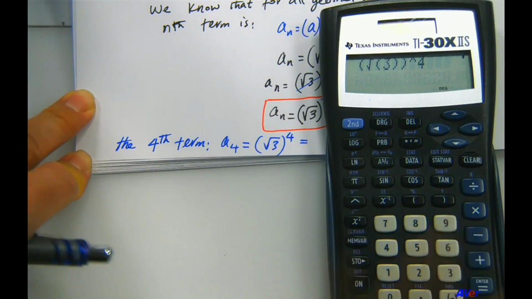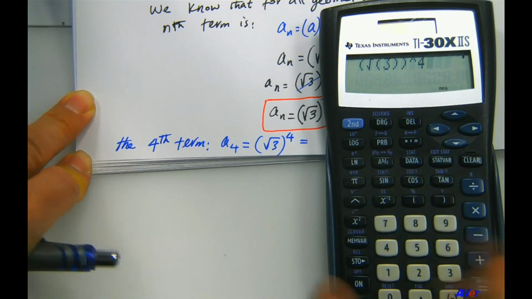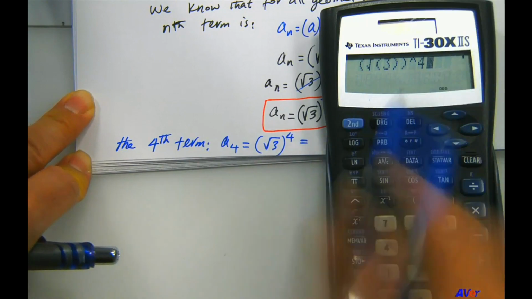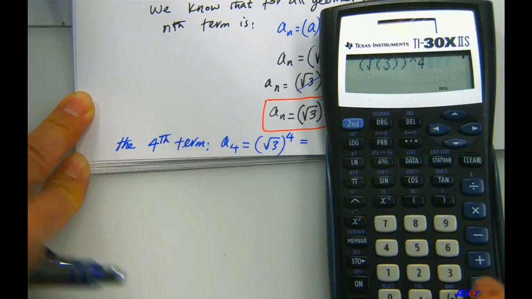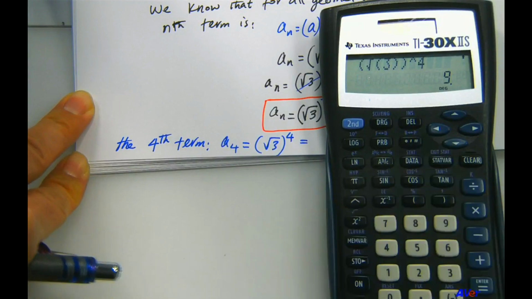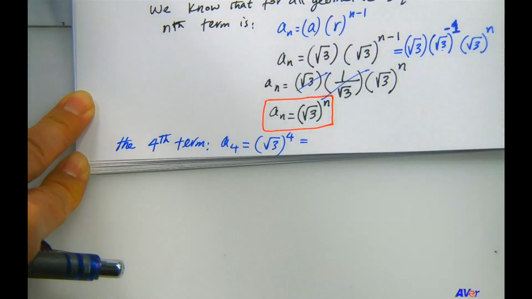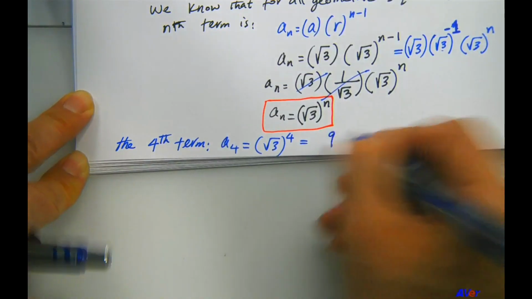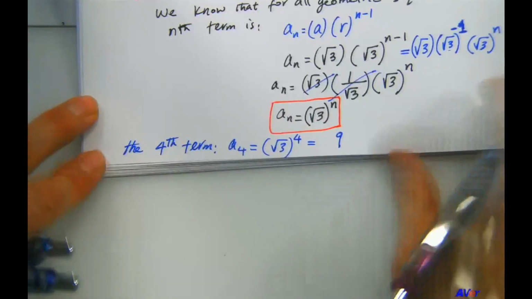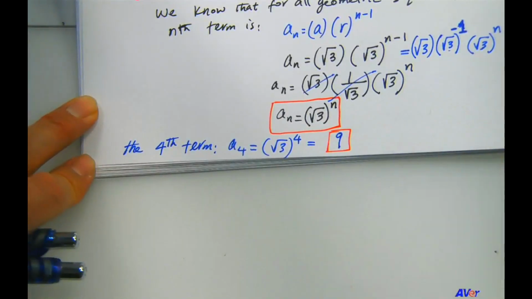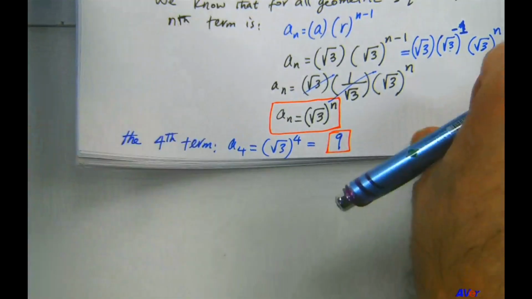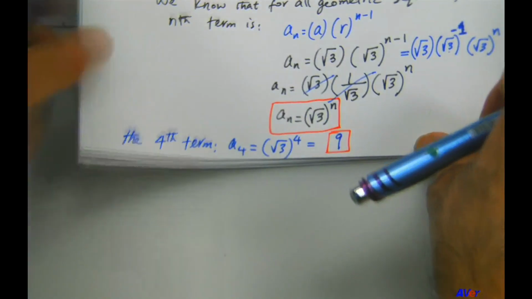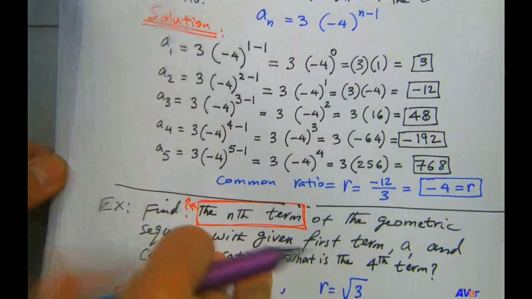You have to be very careful when you use these calculators to make sure the order of operations applies properly to your input. So like that, it's 9. Okay? And so that's the 4th term in this geometric sequence. Okay. Let's do another example.